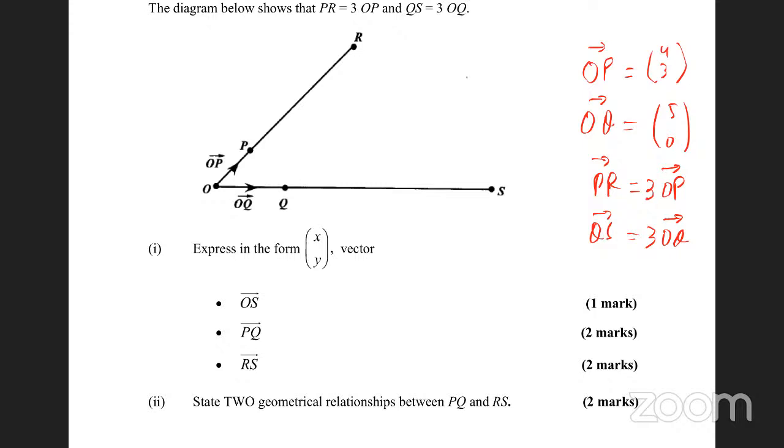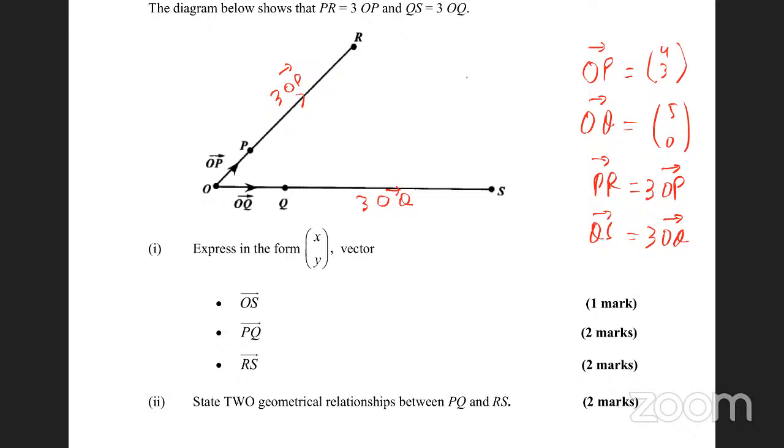Let us see what we can put in the diagram first. So the question said P to R is 3OP. So I join an arrow P to R, and I write in 3OP. Multiply it out because they gave us that afterwards. They said QS is 3OQ, so I write in 3OQ here.